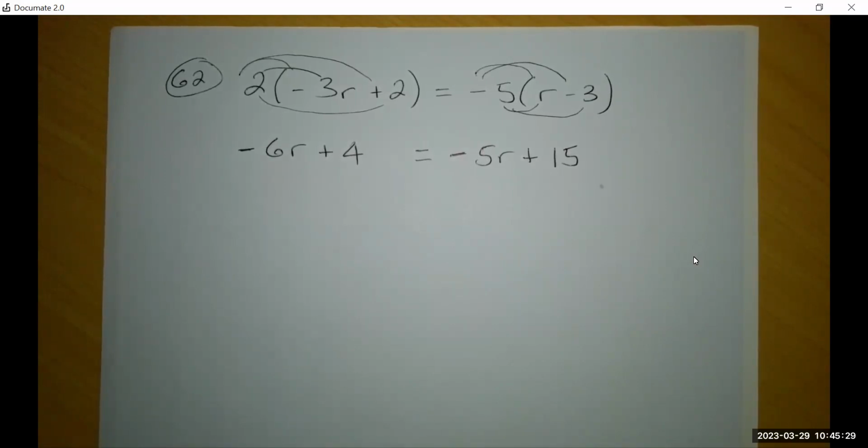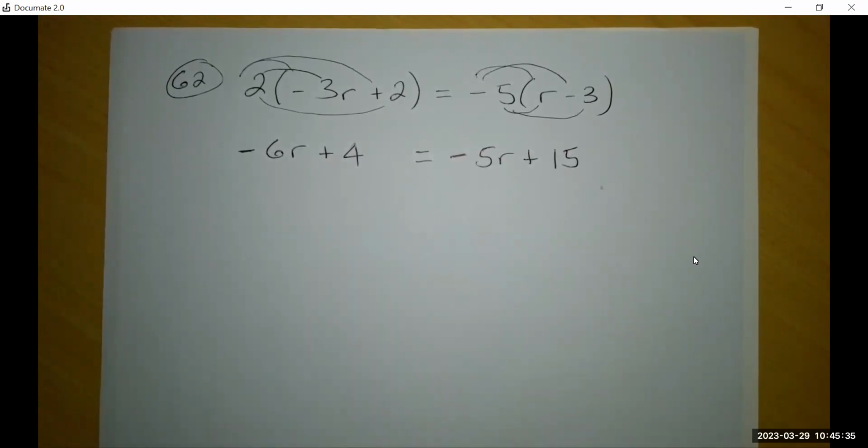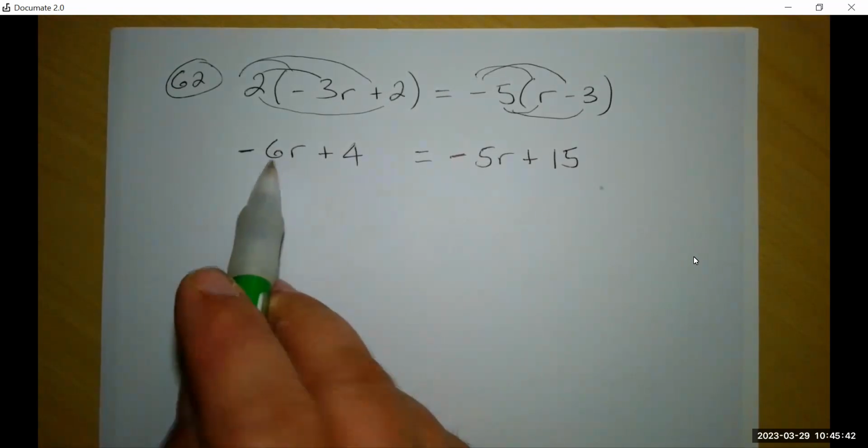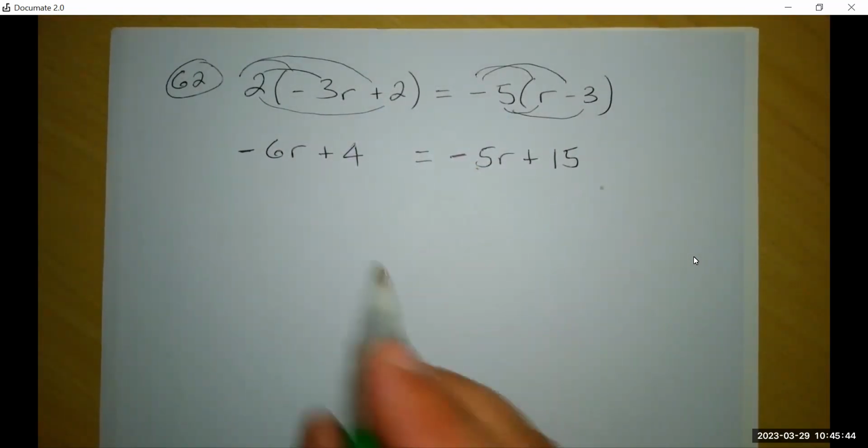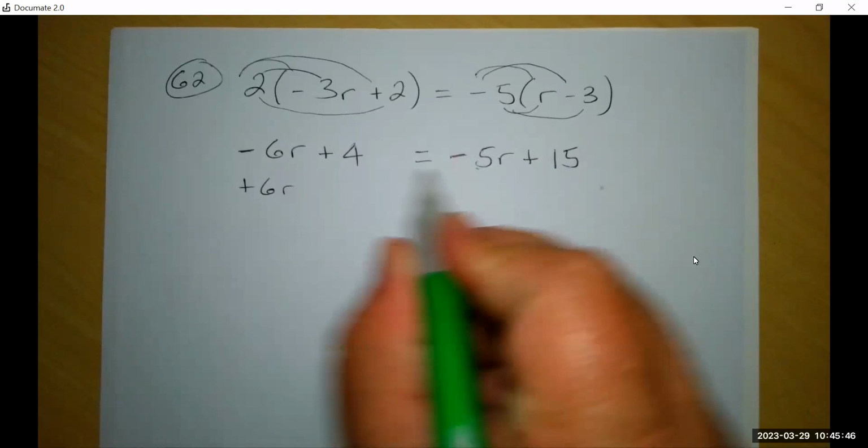R's. I usually write R's, but they like x's for some reason. So which R do we move? The negative 6. Very good. Because it's smaller than negative 5. So we add 6r to both sides.